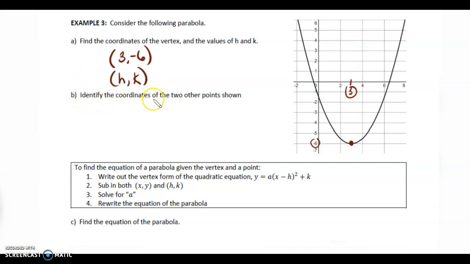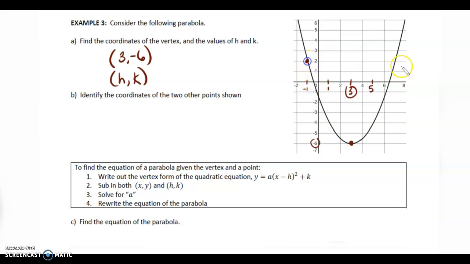Now let's identify the coordinates of the two other points shown. I'm going to see if something lands right on the grid. That's the only way we can really do this. So I'm going to say possibly here. I don't like how that's between.